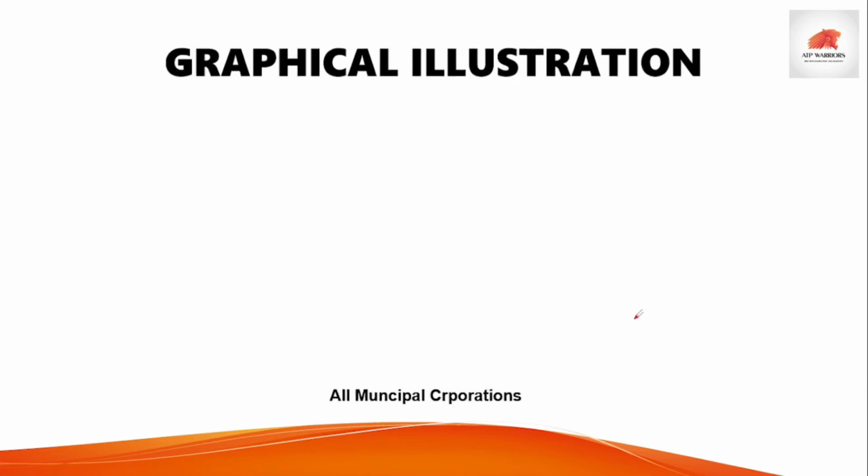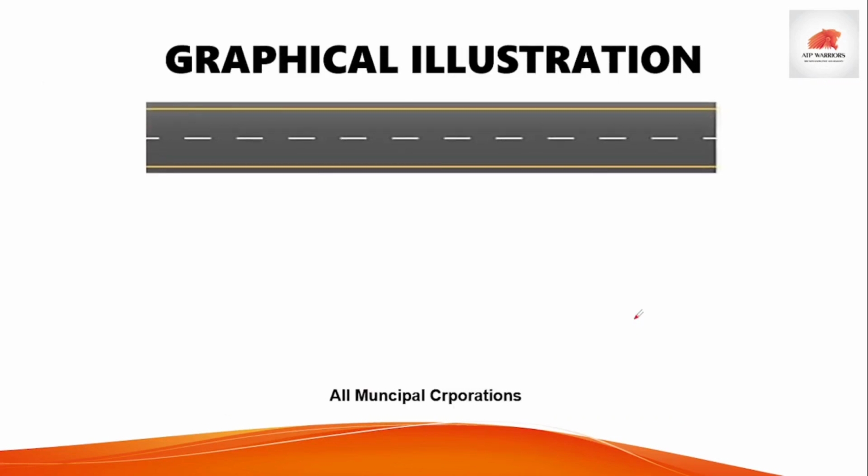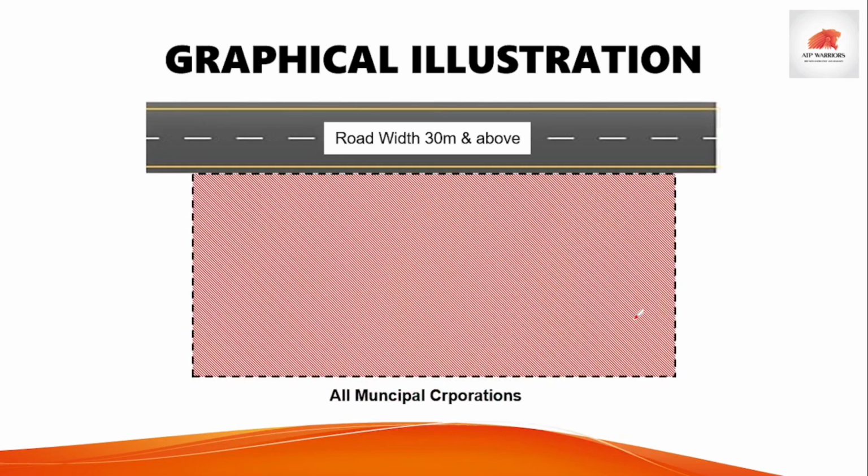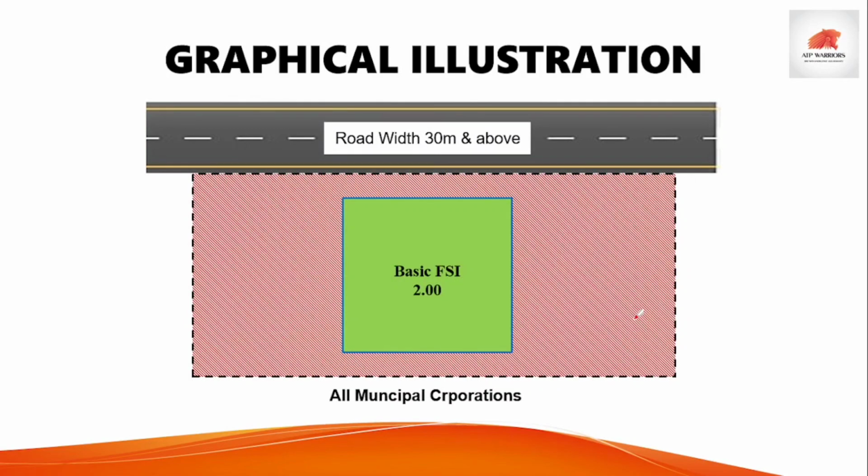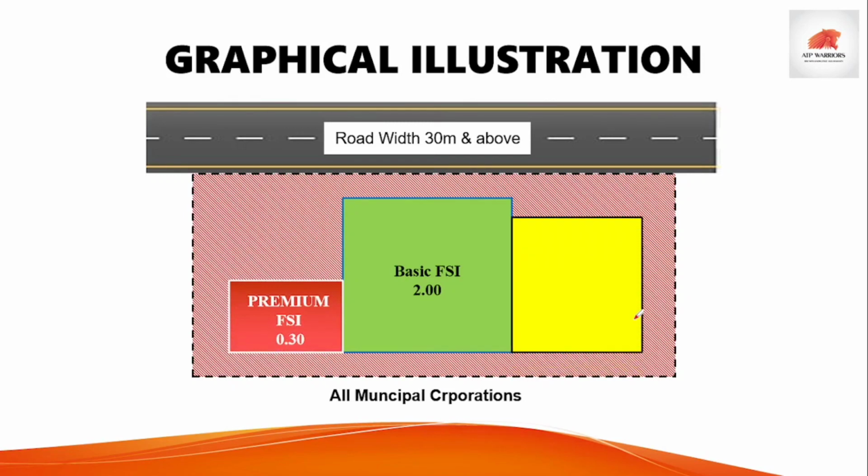Okay, so let's see, for all municipal corporations having a road width 30 meter and above, for the built up area, the basic FSI is 2, the premium FSI is 0.30, and the TDR loading is 0.30, and the maximum building potential, which is the addition of all three, becomes 3 for the road width 30 meter and above.